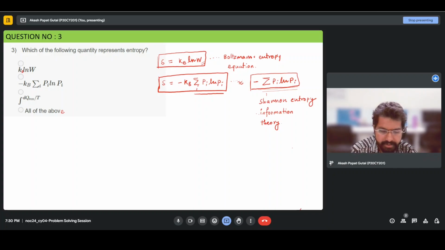So the entropy always stays positive. Because of that factor, the negative is included in this equation, and that's why it's also called negative entropy.